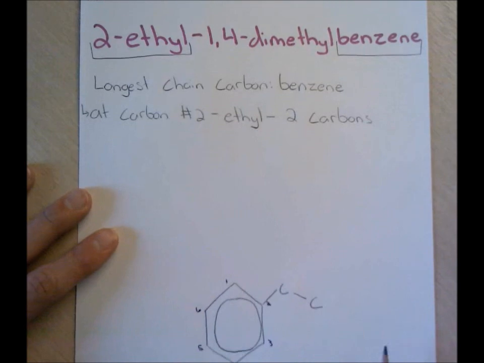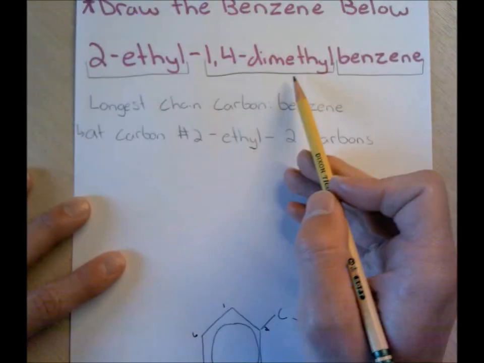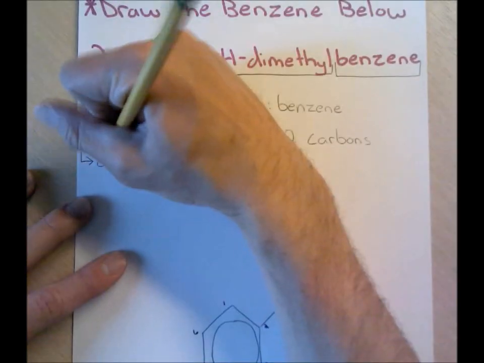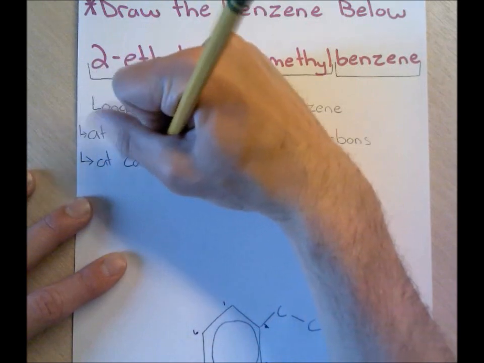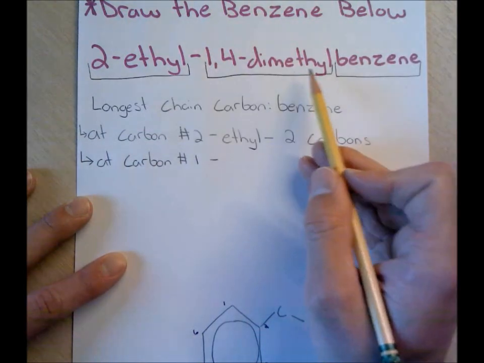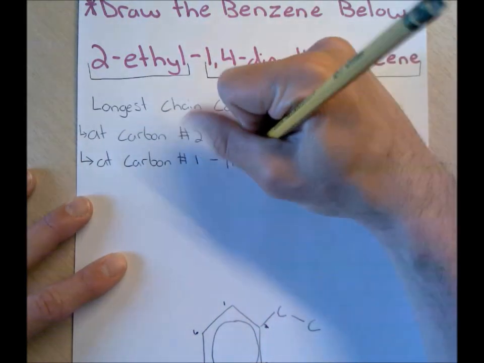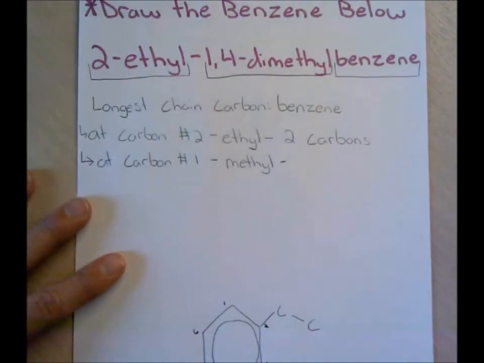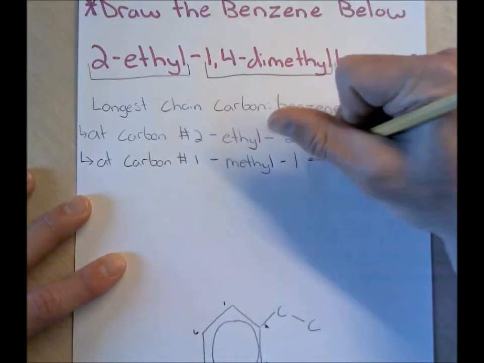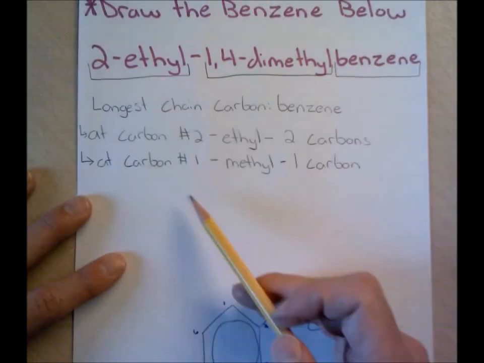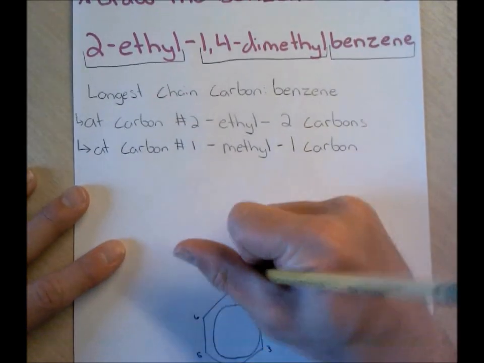Now, at carbons 1 and 4, we have this dimethyl, or we have 2 methyl groups. So again, at carbon number 1, we have a methyl group. And if you look back at your chart once more, a methyl group means that there is a 1-carbon attachment. And so at carbon number 1, we need to put a 1-carbon attachment.